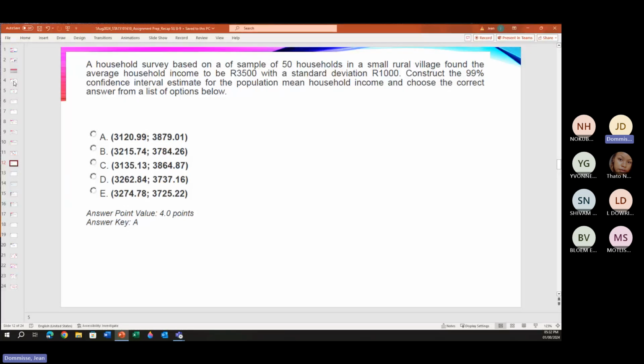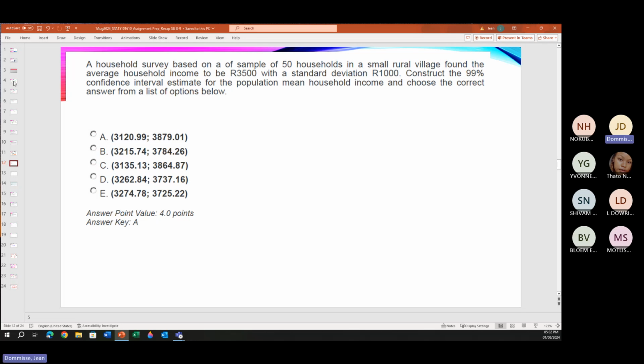That normally happens when, for example, you use a Z test instead of a T test, and you still get a confidence interval.